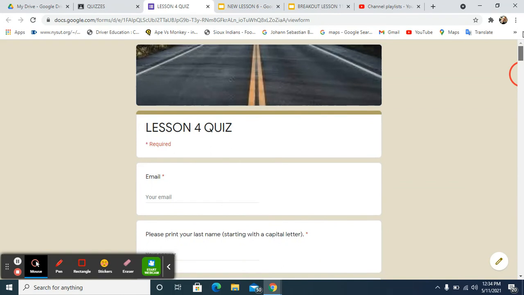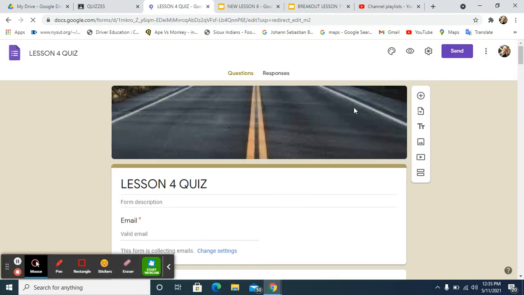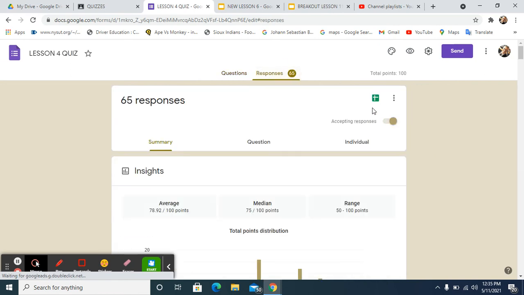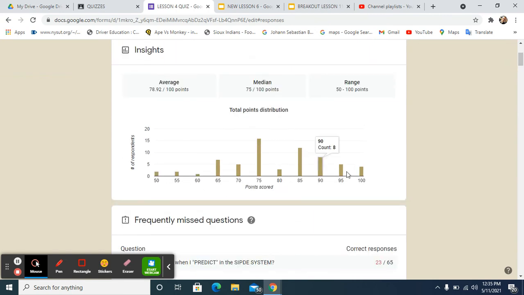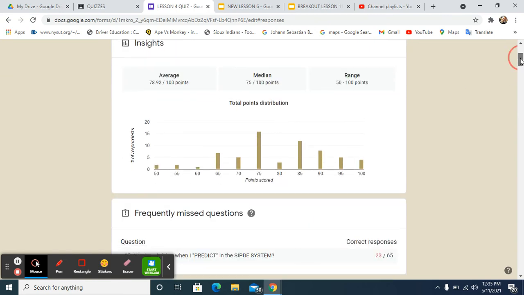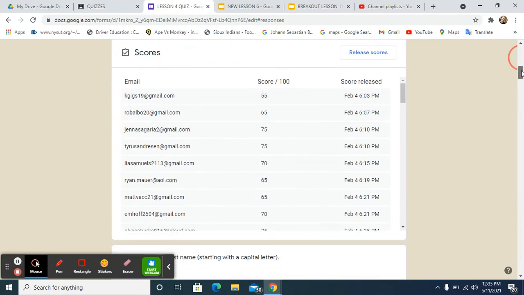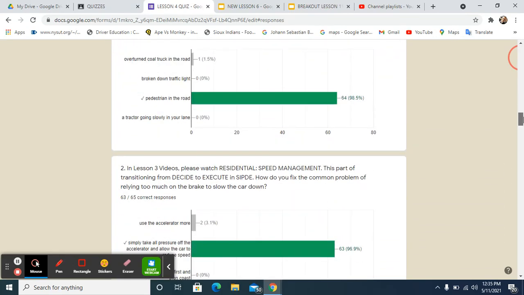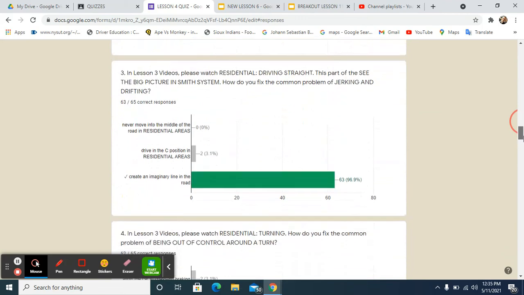The quiz itself allows me, as the instructor, to see a lot of different parts of this. I can see who did what, and our range of scores. Here's our range right there. I can look at each question and see where we had problematic questions.